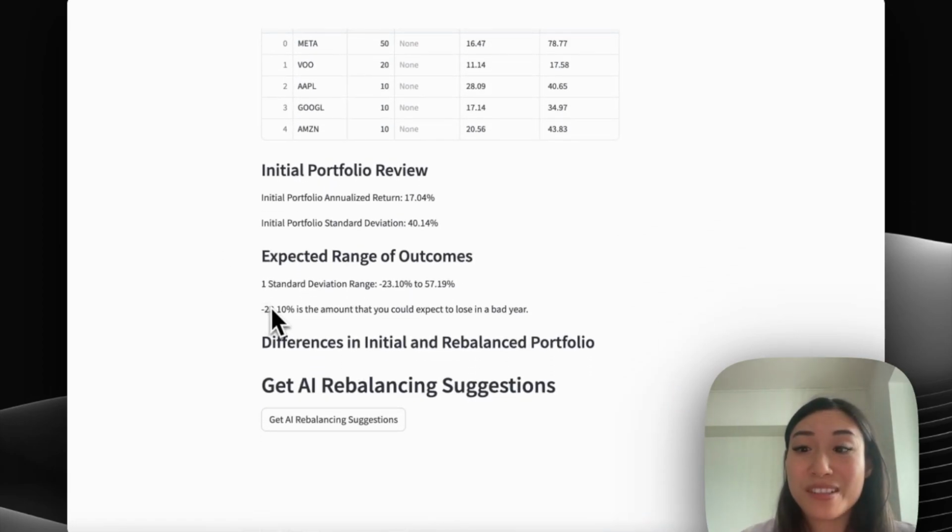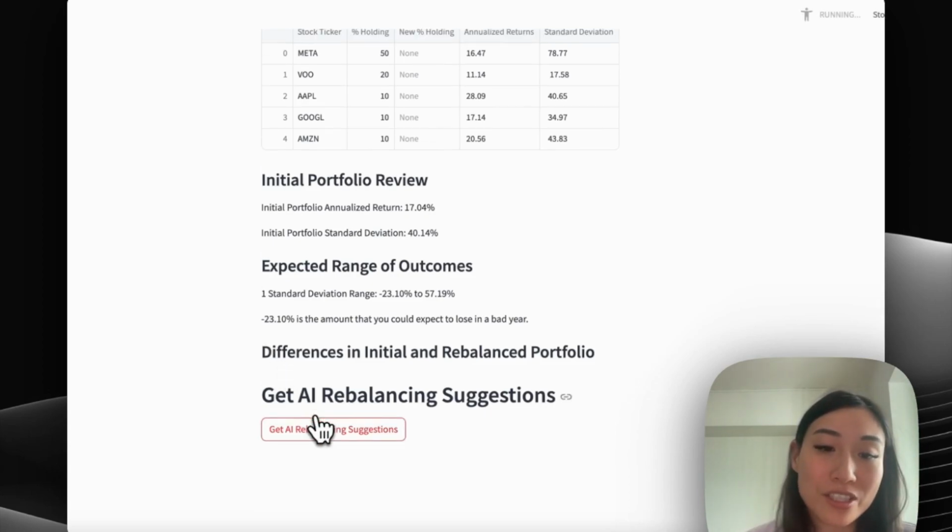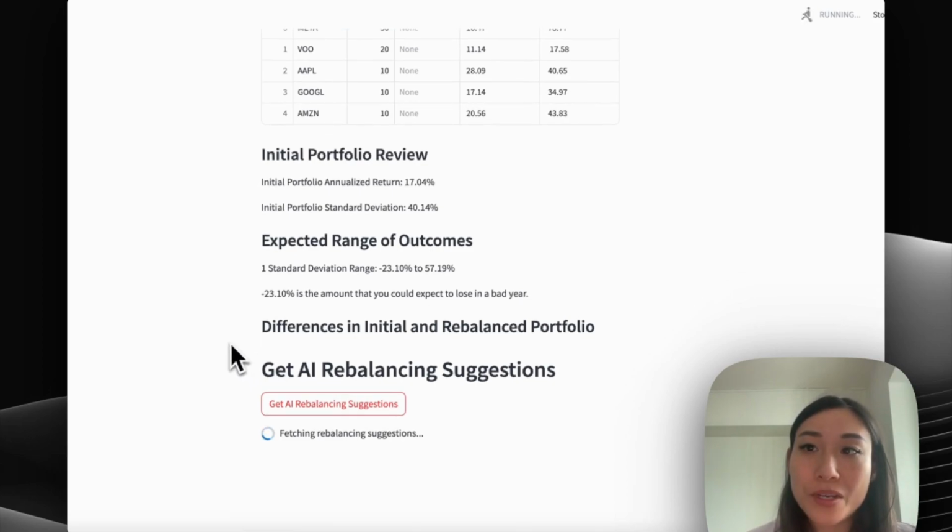Now remember, none of this is investment advice. This is just a research tool you can use. Please do your own research and make your own investment decisions after seeing this as just an input. So let's get rebalancing suggestions here. I'm just going to wait for ChatGPT or OpenAI to run this.